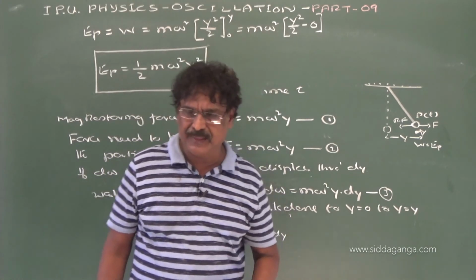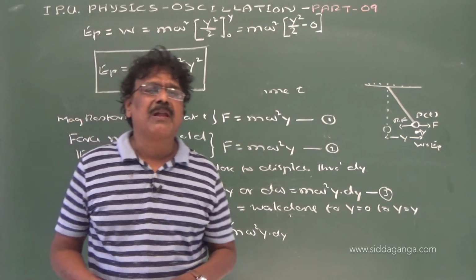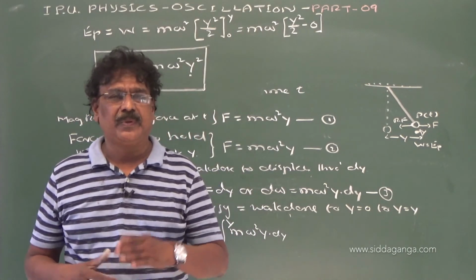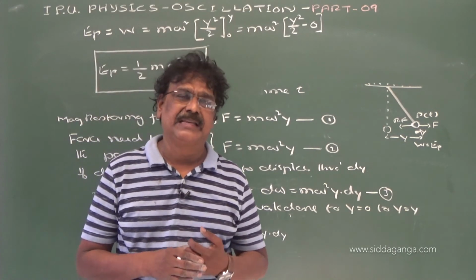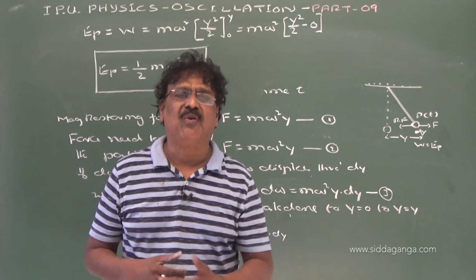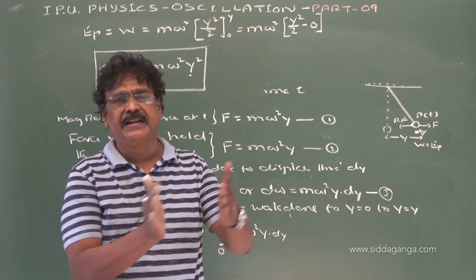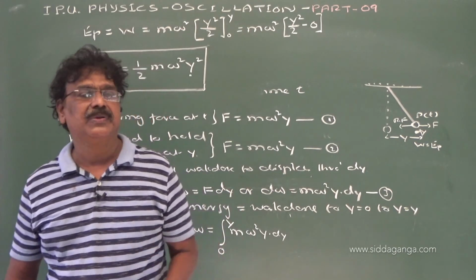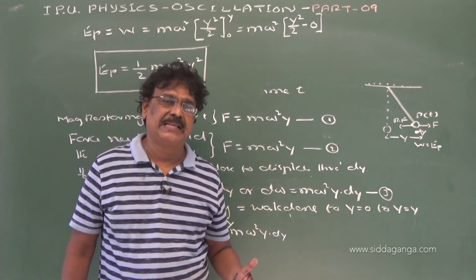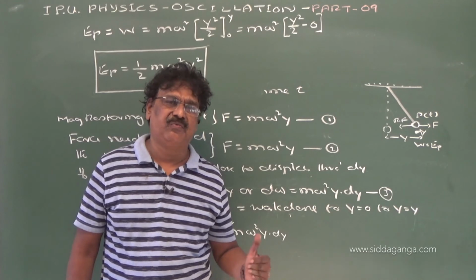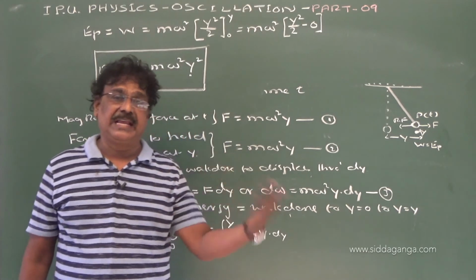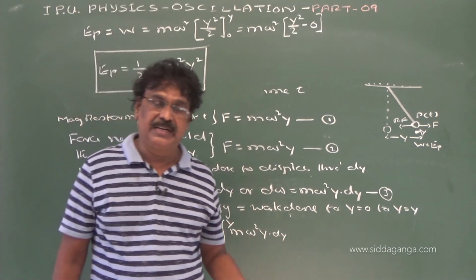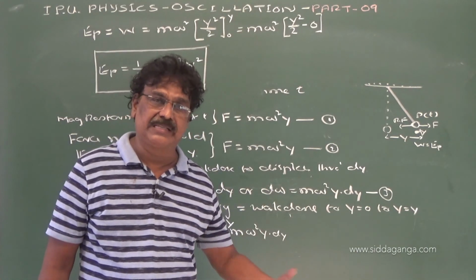We know that in simple harmonic motion, velocity, acceleration and force are different at different positions. For example, at the mean position, velocity is maximum, acceleration 0, force 0. At the extreme, velocity 0, acceleration maximum.